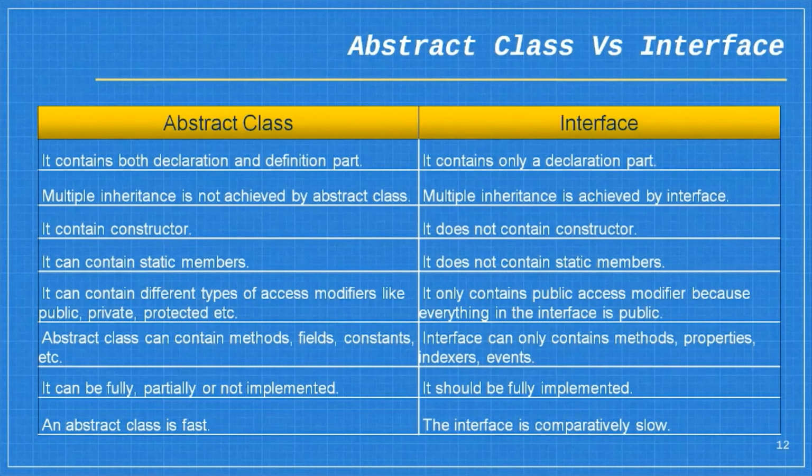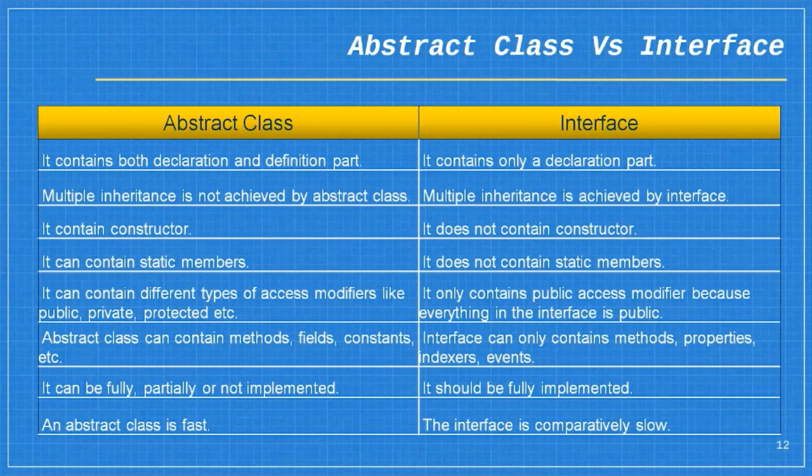Now we can review what we have covered. Here we will compare abstract class with interface and the basic differences between them. An interface doesn't contain any implementation. However, an abstract class may contain both abstract members and concrete members. One class can inherit from multiple interfaces.